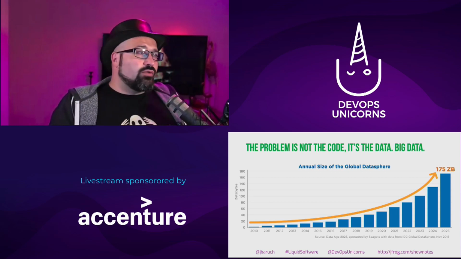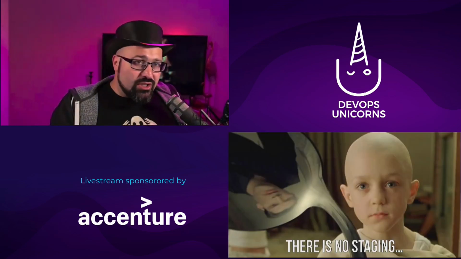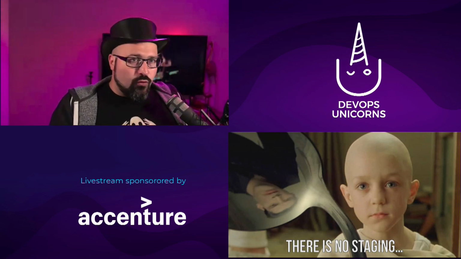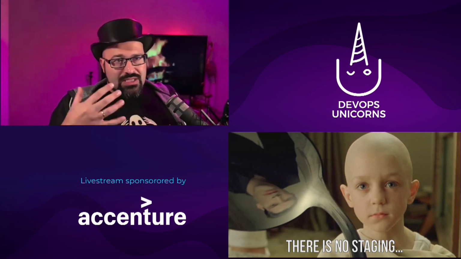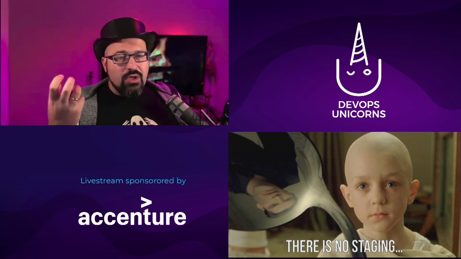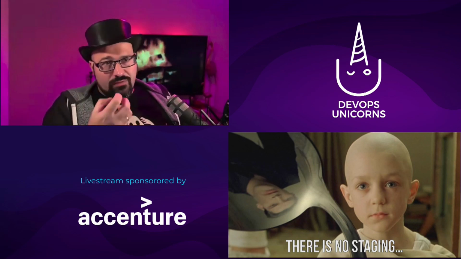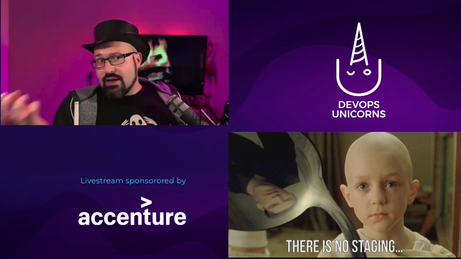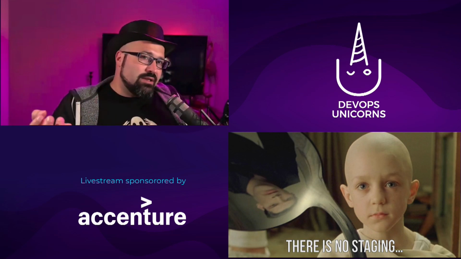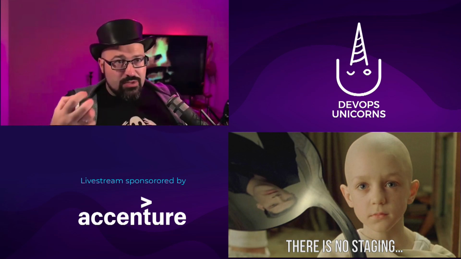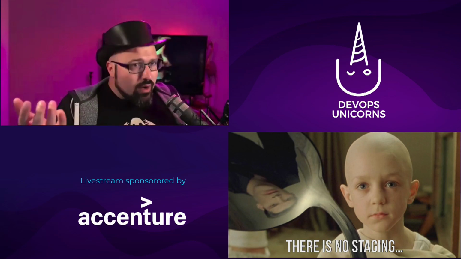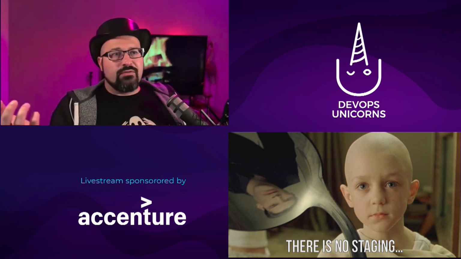If we have a lot of data, staging in its classical form, when we say we're going to set up a staging environment, which is a copy of our production environment, and we are going to test everything, is impossible anymore. It doesn't make sense in terms of complexity. It's very hard to set up a production-like environment.